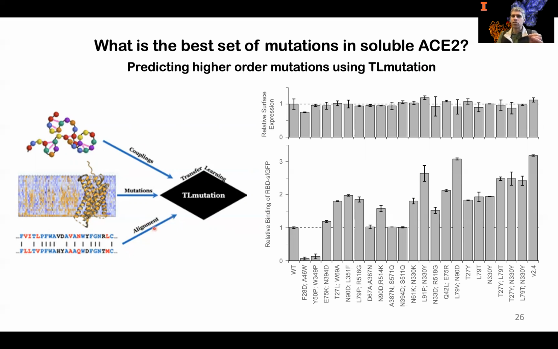So this information tells you something about what ACE2 sequences can give rise to a functional and folded protein. And then using a transfer learning algorithm, you can then import the deep mutagenesis data. And so using TL mutation here, this is looking at the binding data to the viral spike.